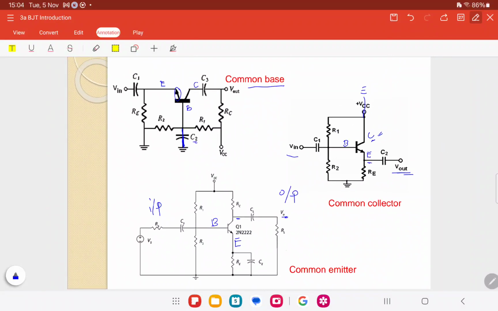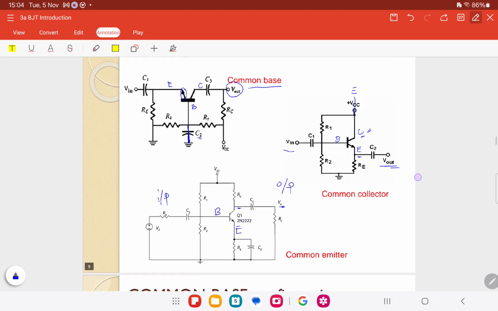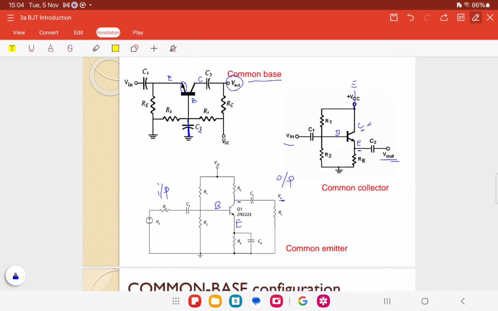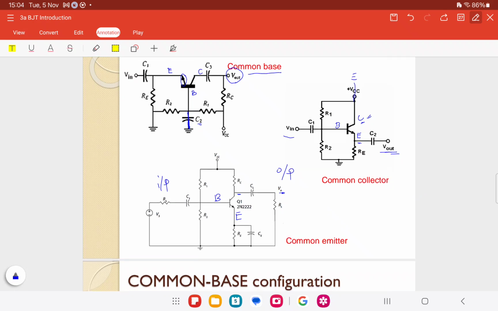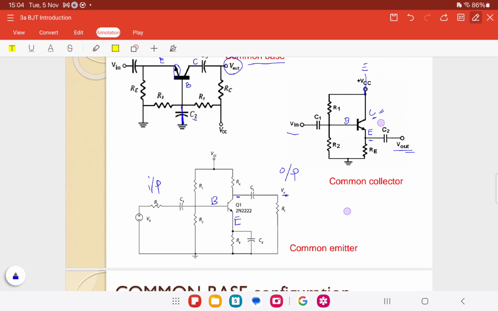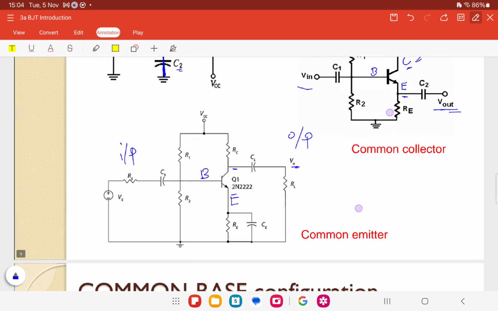Okay, first determine which one is emitter, and then tengok input dia dekat mana. So yang lagi satu will be the output, and then yang tengah akan jadi common. Okay, senang je kan to determine. It is important you need to determine, sebab dekat setiap kaki dia ni kita akan ada voltage and current.